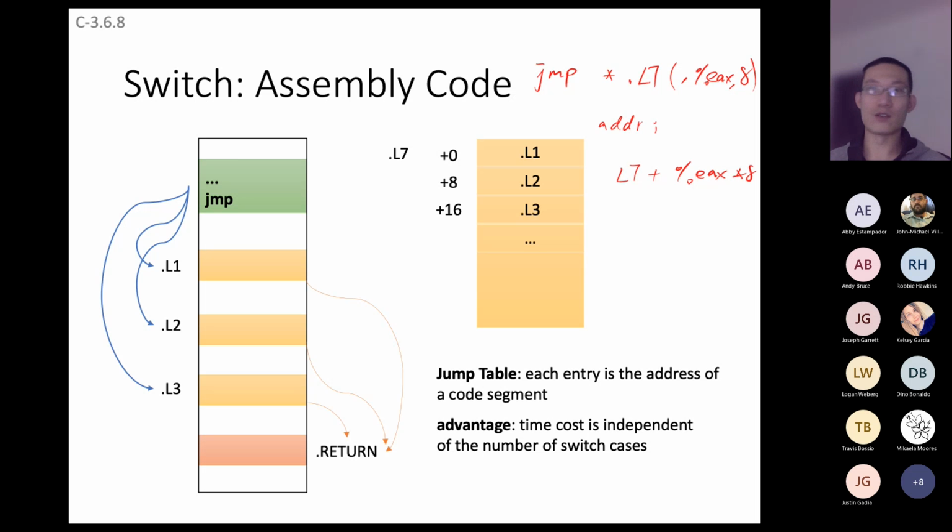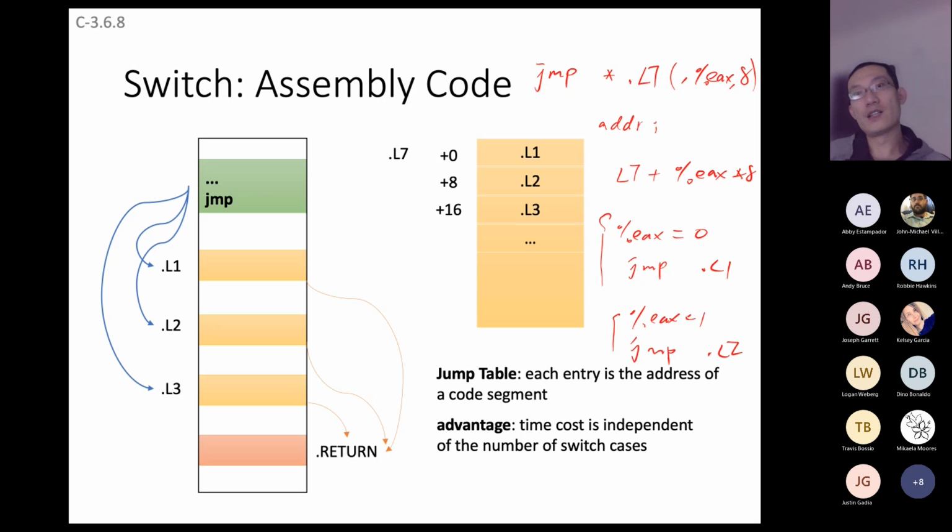So in this example, if EAX is 0, we jump to L1, right? This is EAX equals 0. If EAX equals 1, then we jump to L2. This is where we jump to, and so on and so on.